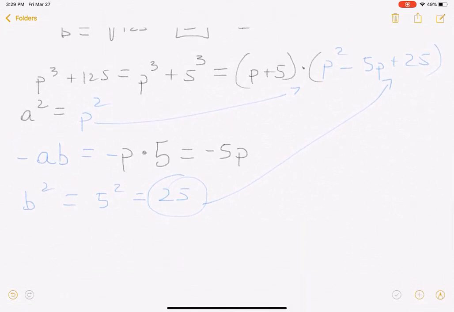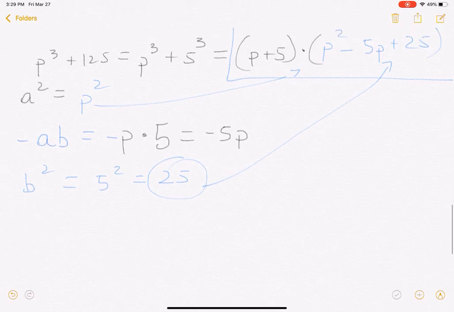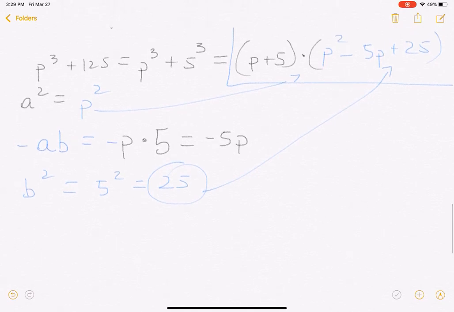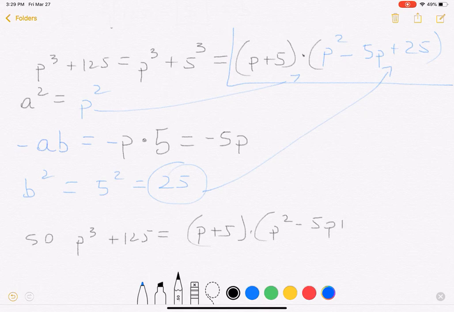This is our answer. p to the third power plus 125 is the same as p plus 5 times p squared minus 5p plus 25. That's the answer. We factored that completely.